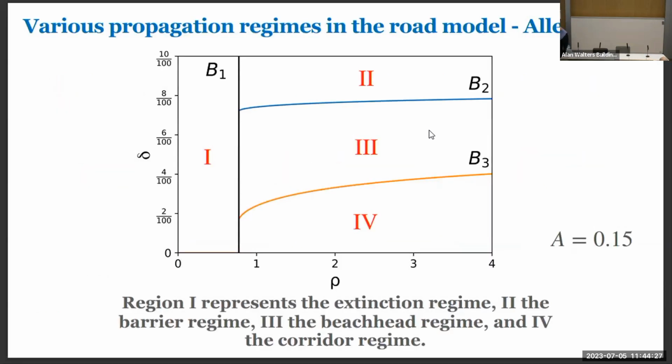So if say you're in region 3 here, near the boundary between the beachhead regime and the corridor regime where it invades the domain, and going across the x-axis to the right, we're improving the invasiveness of the species, say some climate heating improves the invasibility, we can move from this barrier case to where it goes on to invade the domain, which could cause quite a few problems.